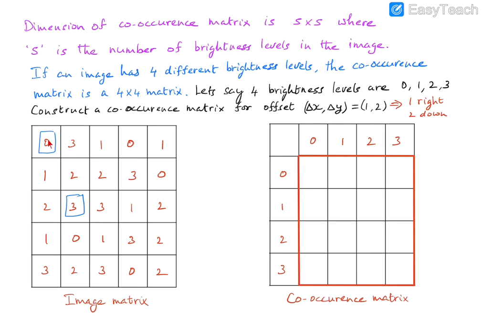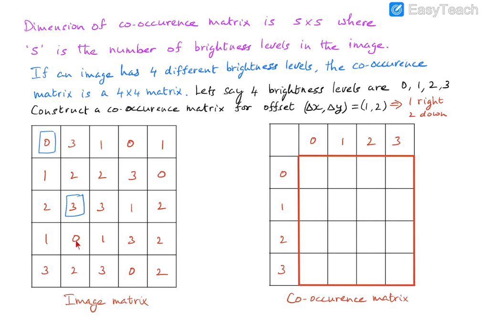I have a 0 here, and at the offset it is not a 0, so we will not count that. I have a 0 here; from this 0 at the defined offset we go 1 right and 2 down. We come here, and this is not 0. If this was 0, we would increment the count for the 0 0 combination. So this is 0 2, and we can't include anything here. This is a 0 here. From here, if we go to the offset, we go outside the image, so there is nothing there.